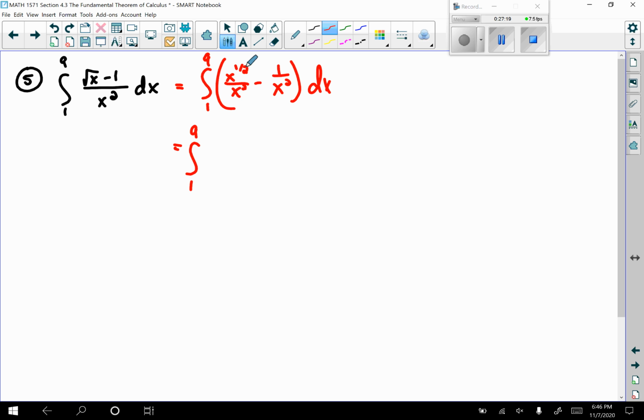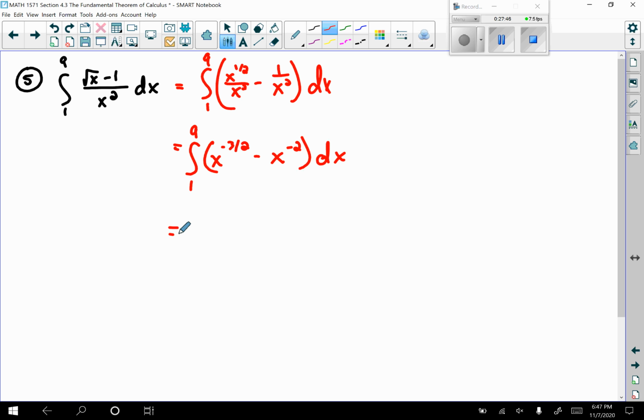So we get the integral from 1 to 9. We're going to subtract the exponents here, but I'm going to leave this up top because I want to be able to use that power rule. So 1/2 minus 2 is going to give us a negative 3/2. And then minus x to the negative 2nd.